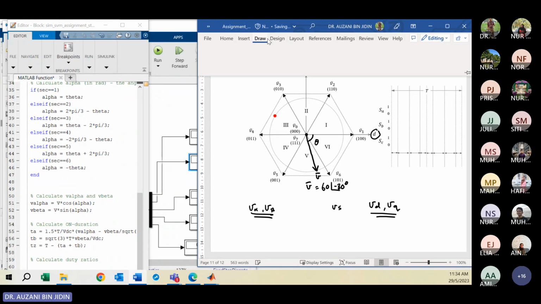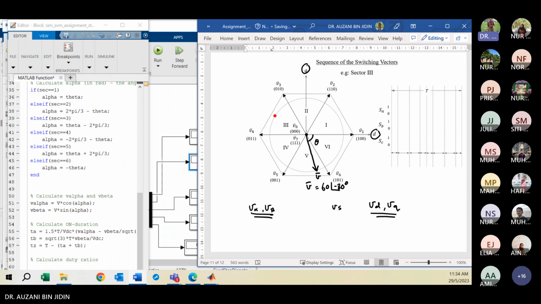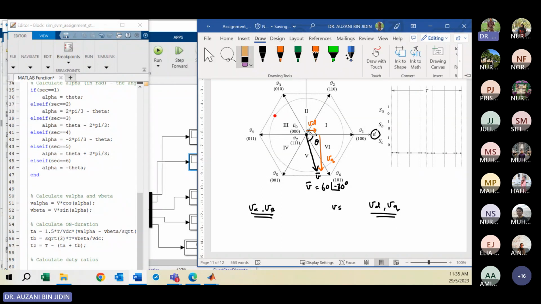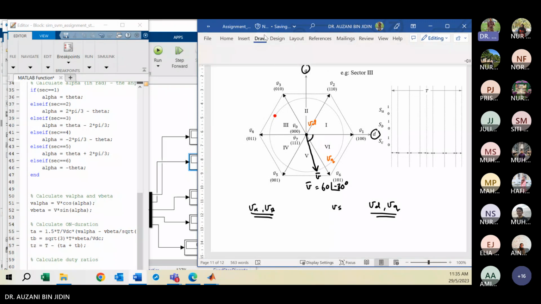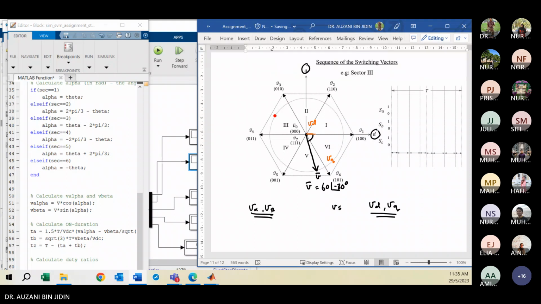Based on the diagram, you can define your VD here, right? This is your VD, and the vector here is your VQ. Let me draw properly, where you can define VD and VQ. This is the right angle.